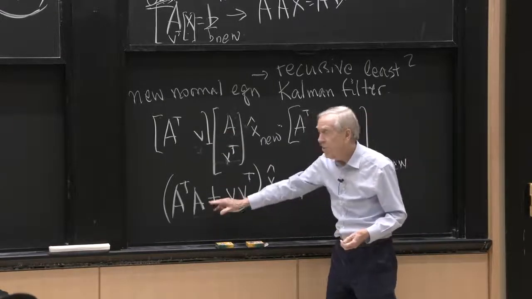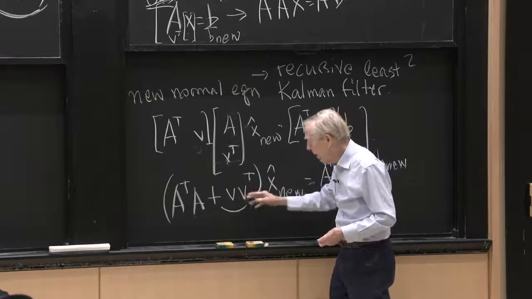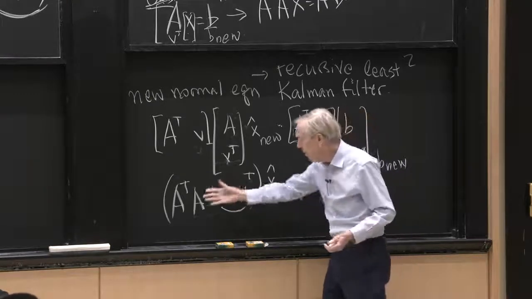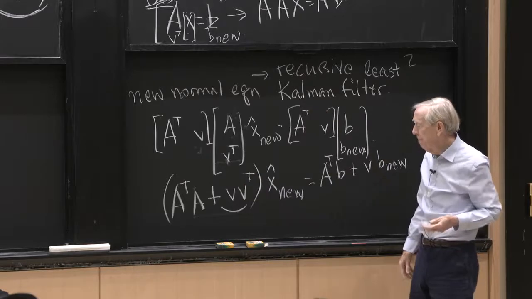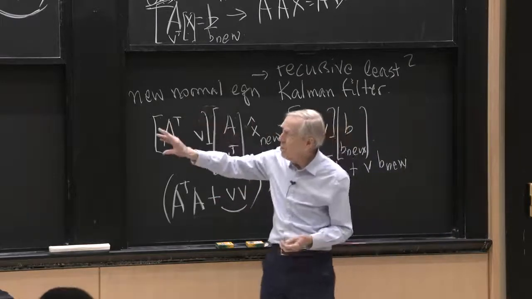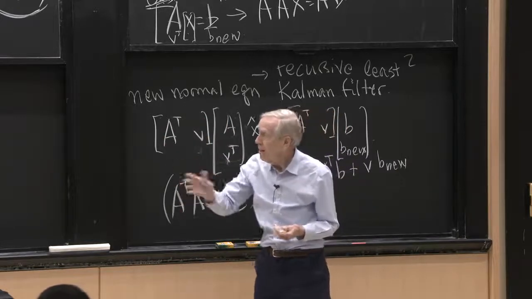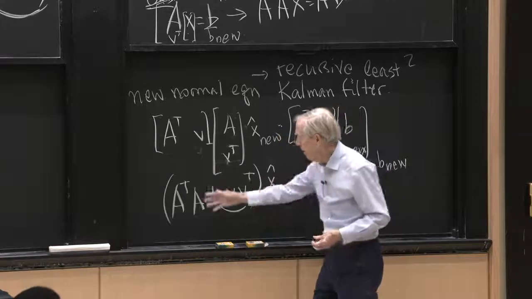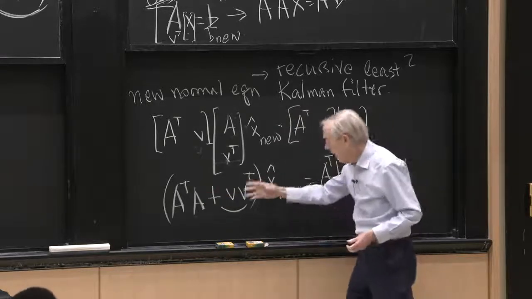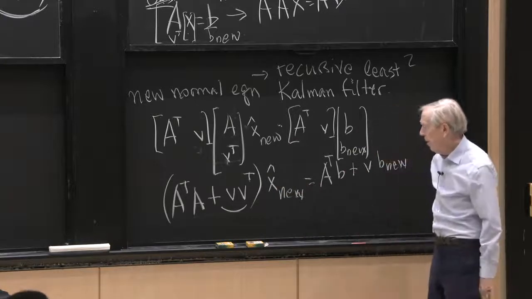So I'll use the inverse that I had before, and this will be a rank 1 perturbation of that. I'm looking here at A transpose A. Over there I just called it A, or I even called it the identity matrix, but it's whatever matrix you have here with a rank 1 perturbation, and the whole thing has to be inverted.